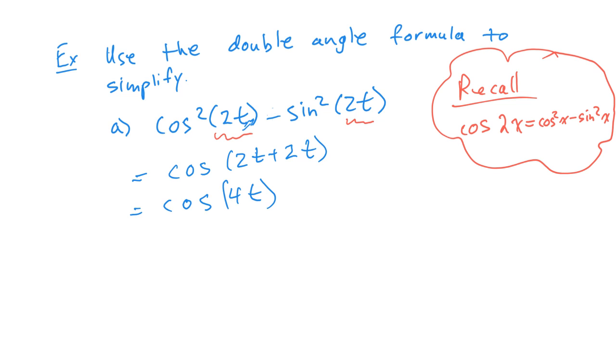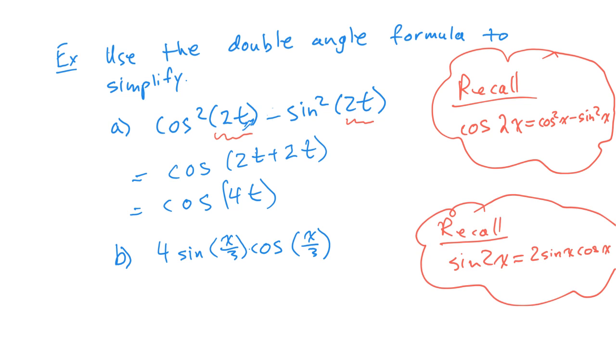And we're done. So now we have something that looks like sine. You've got 4 sine of x over 3 times cosine of 4x over 3. So here's what we can do. This is what you need to recall: sine of 2x is equal to 2 sine x cos x.